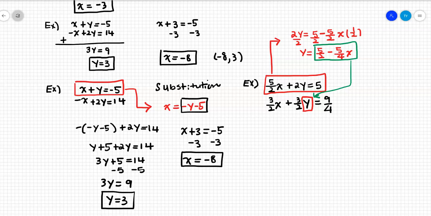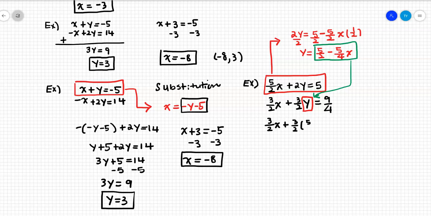So we are going to multiply that out. So I still have a 3/2x on the first one. On the second one, we are going to replace y in terms of x.